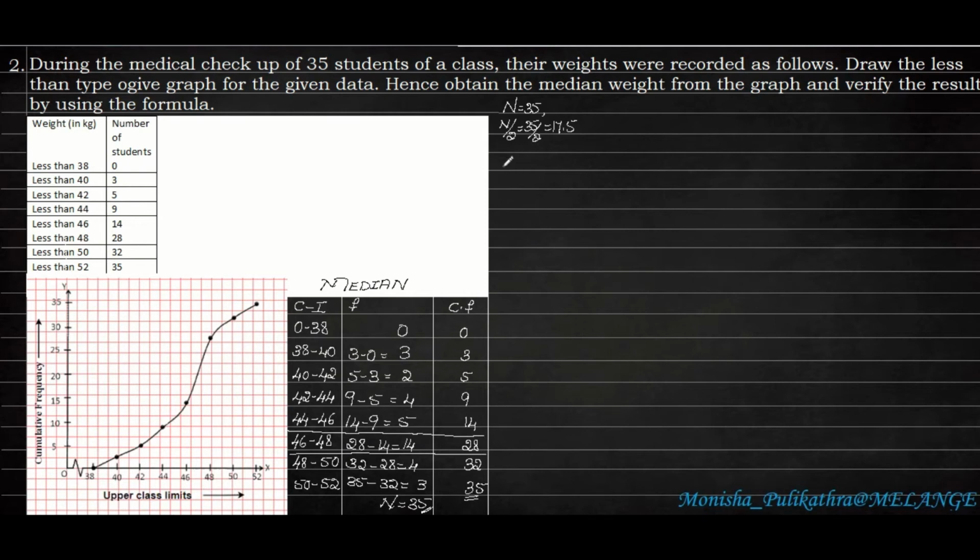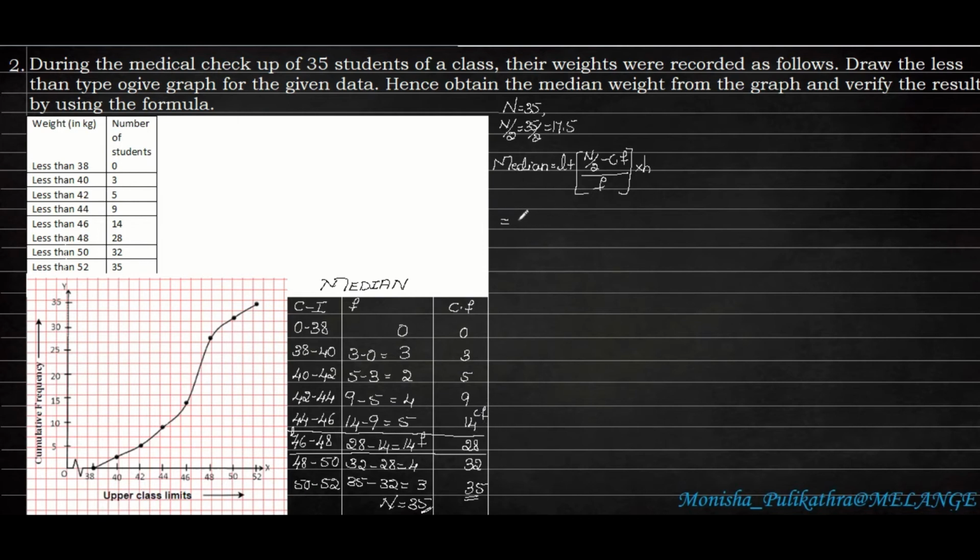Next we have to write the median formula. So median is equal to L plus (n by 2 minus CF) divided by F, into H. Here the lower limit L is 46, F is the frequency of the class, whereas the cumulative frequency CF is that of the previous row of the selected one.